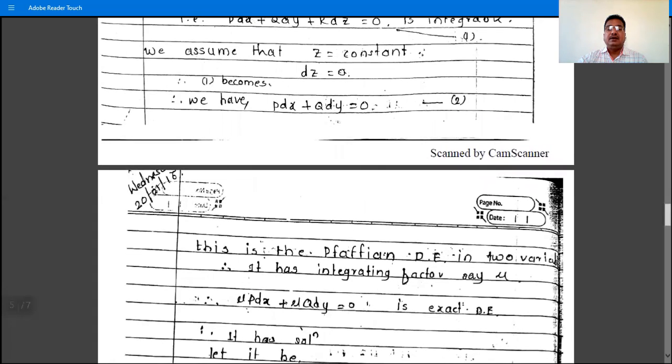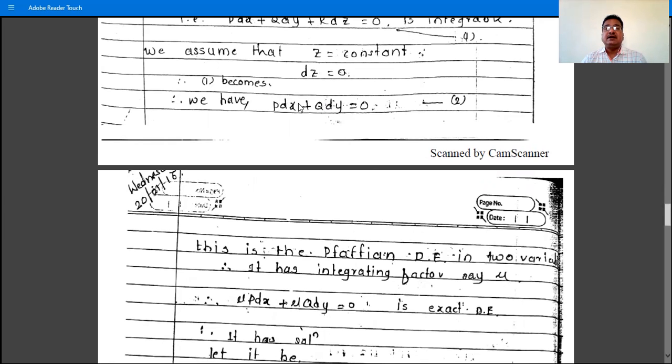So it has an integrating factor, say μ. That is, this Pfaffian differential equation in two variables is always integrable, meaning it has a solution. So it is integrable means either this differential equation in two variables, that is equation number 2, is exact, or it is reducible to exact.